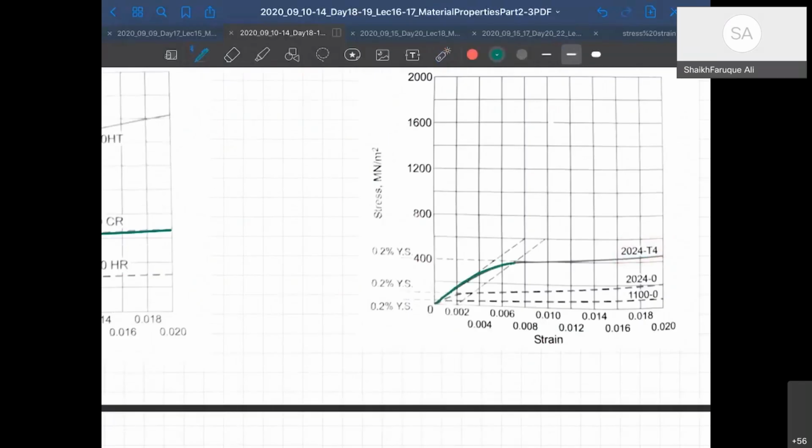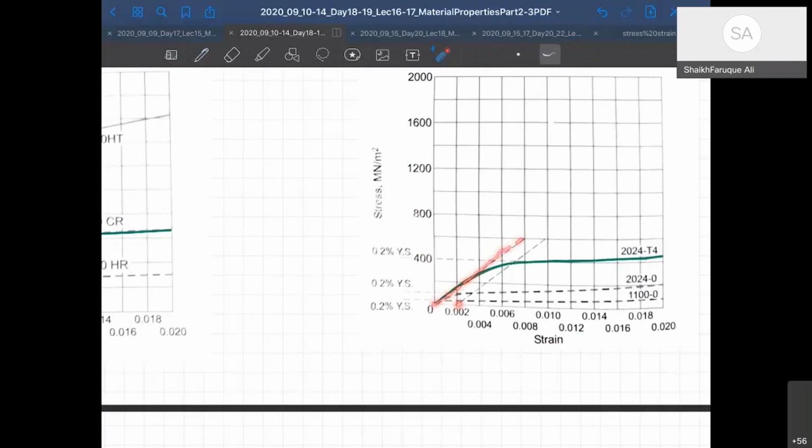This curve also doesn't show you a good yield point, and therefore we again take 0.002 strain and draw a line parallel to the initial tangent. It comes out to be here, and that is slightly less than 400. So it is also the 0.2% yield stress.